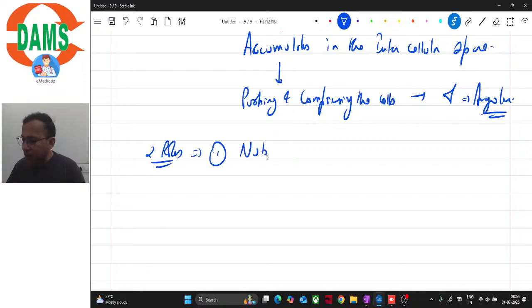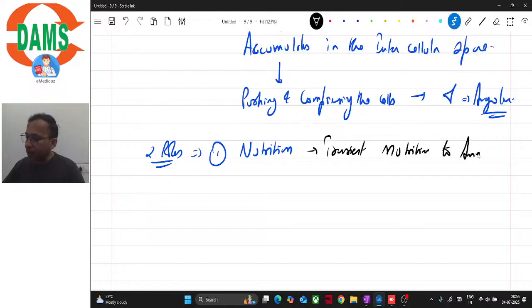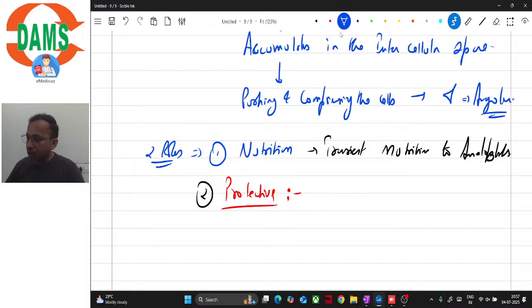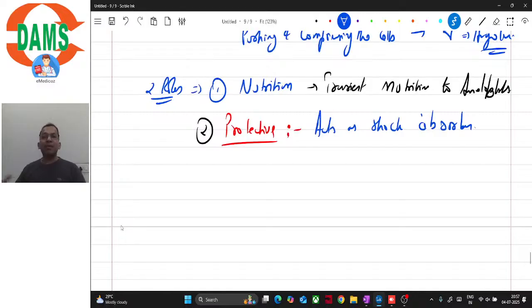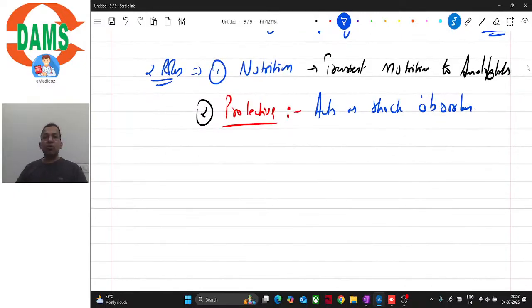First is nutrition: it provides transient nutrition to ameloblasts, and second is protective. It acts as a shock absorber, protecting the inner enamel epithelial cells or the ameloblasts. So that is the role of the glycosaminoglycan or the stellate reticulum cells.